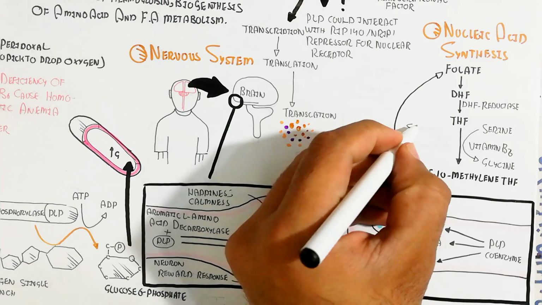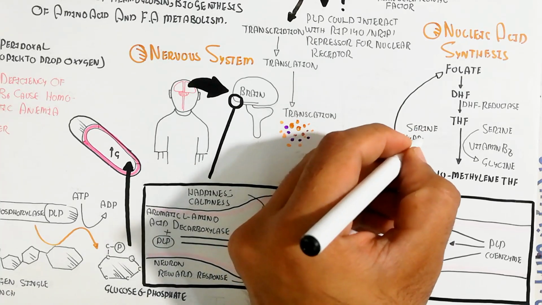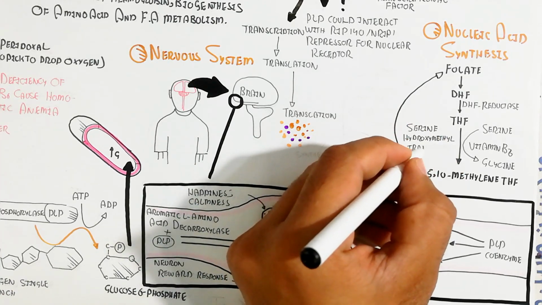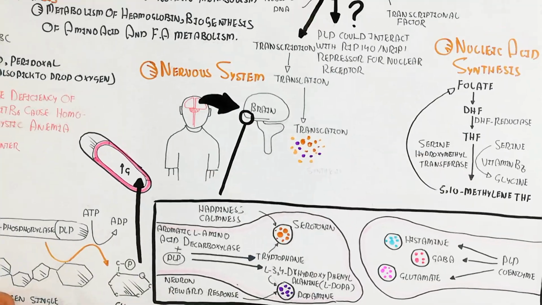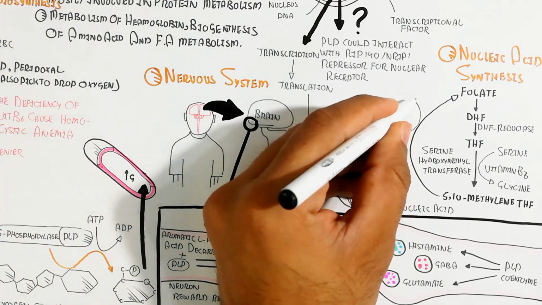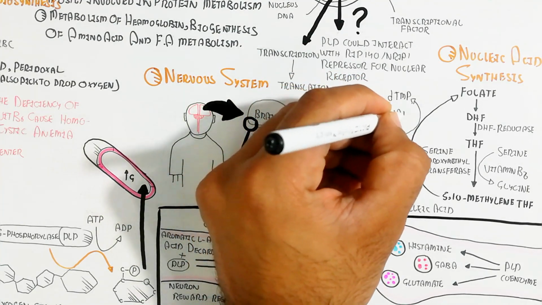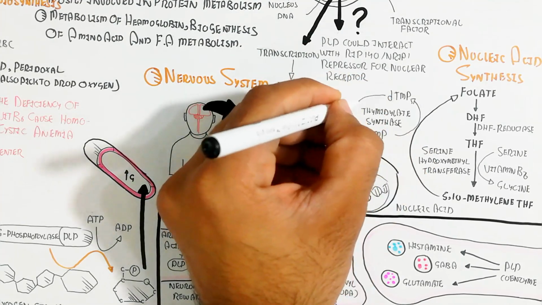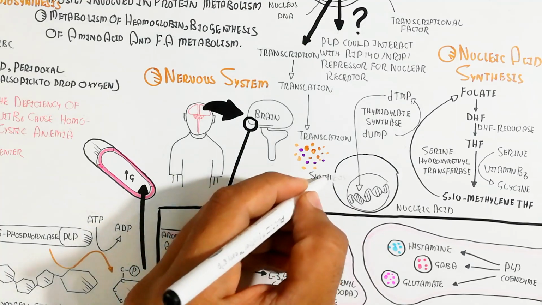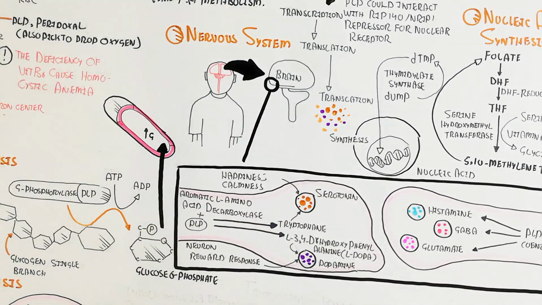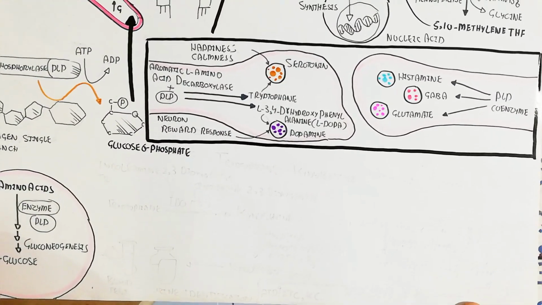This will again convert into the folate when the dUMP converts into the dTMP by the thymidylate synthase enzyme. In this way the synthesis of the nucleic acid will be possible, and that is why this is the folate metabolism, and nucleic acid synthesis can be possible through vitamin B6.